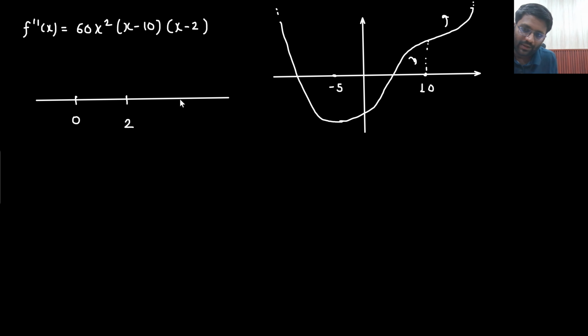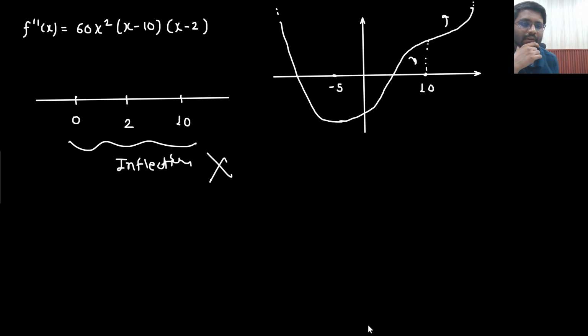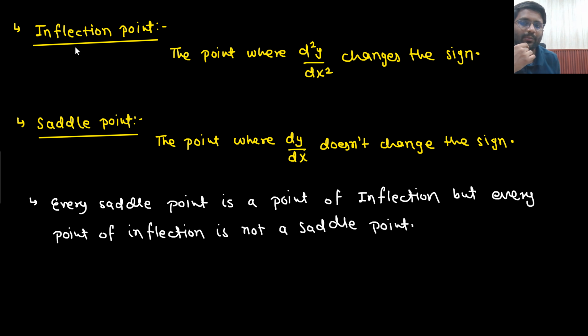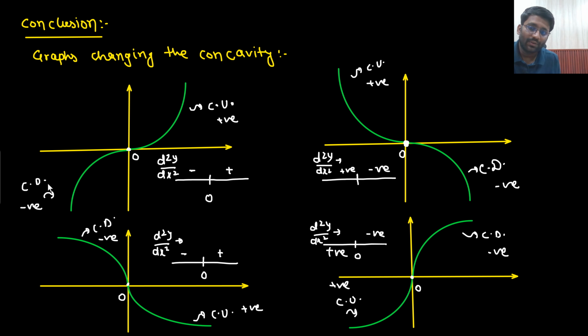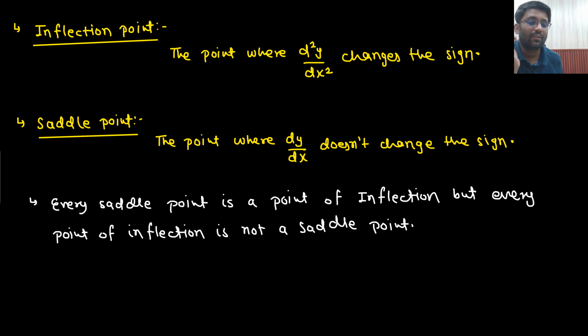So where f double dash x becomes 0, are all these inflection points? Wrong. What is the definition of inflection point? Where d2y by dx2 is changing the sign. Sign should change, no? Negative to positive, positive to negative.